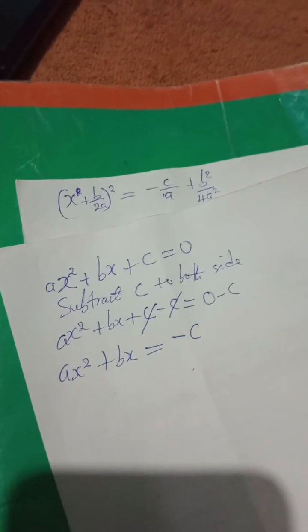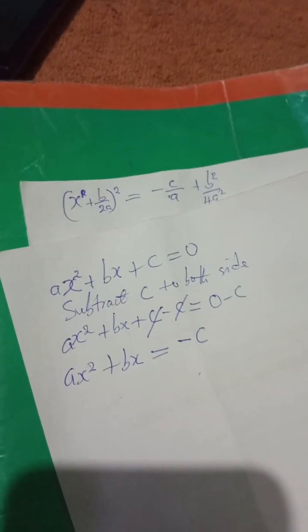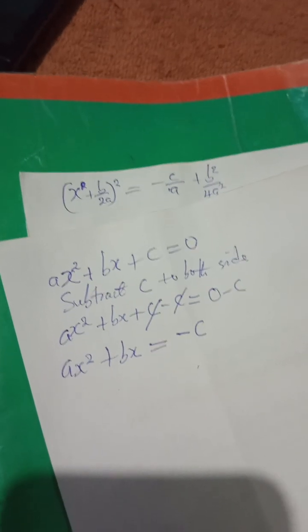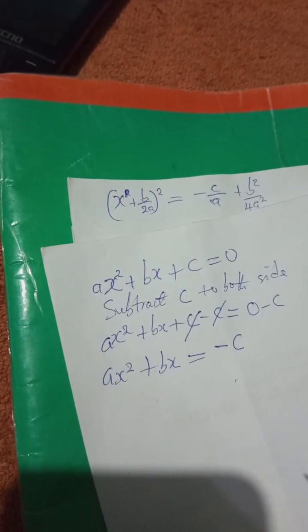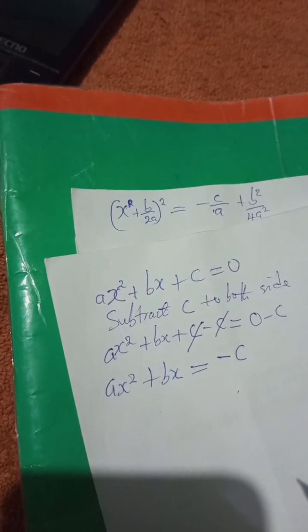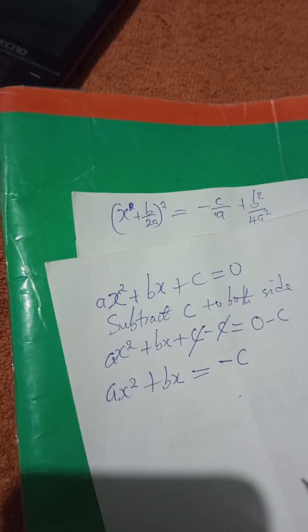So with the look of this, our aim and objective is actually to make x stand alone as the subject of the expression. So what you need to do is to divide each term by the coefficient of x.